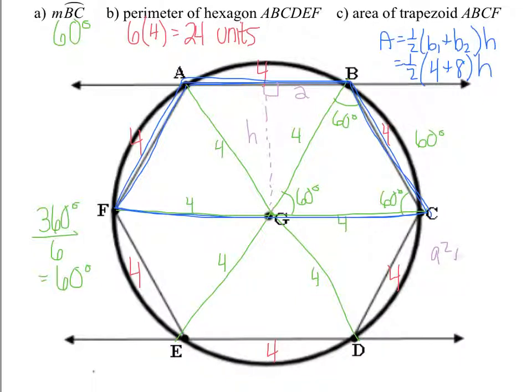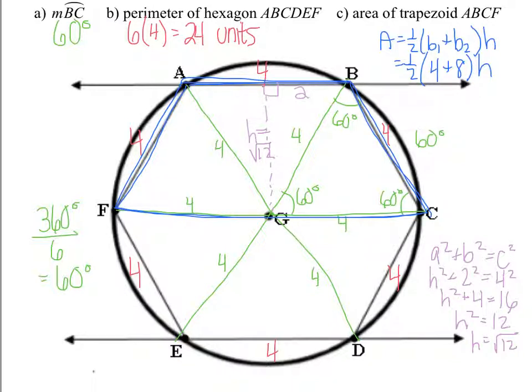So a squared plus b squared equals c squared. My height squared plus 2 squared is going to equal 4 squared. So my height squared plus 4 is equal to 16. My height squared is going to equal 12, and h is going to be the square root of 12. So my height's going to be the square root of 12.